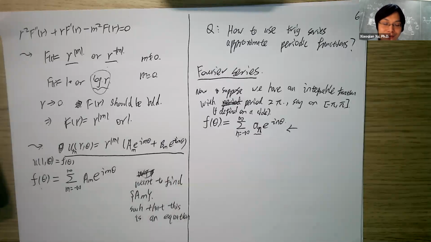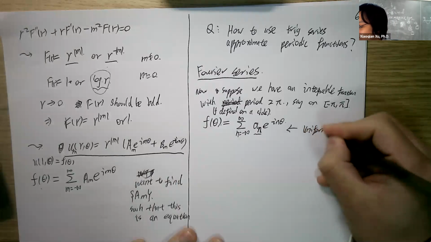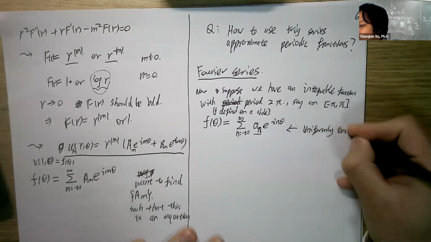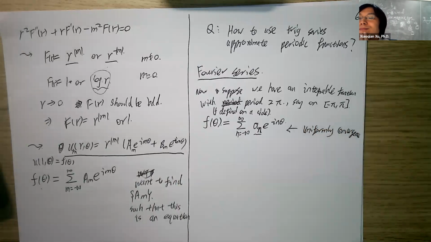Have you heard about the term so-called uniform convergence? Who has heard about this term? You can raise your hand. Okay, only 2 of you heard about this term, so maybe I should say what this term is.